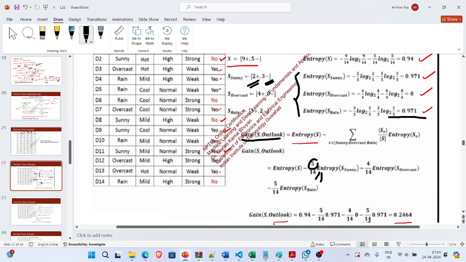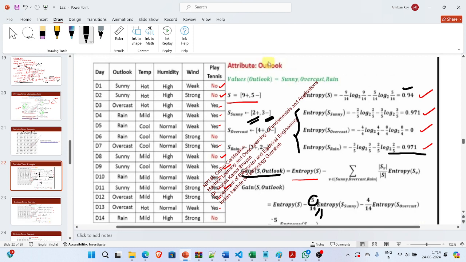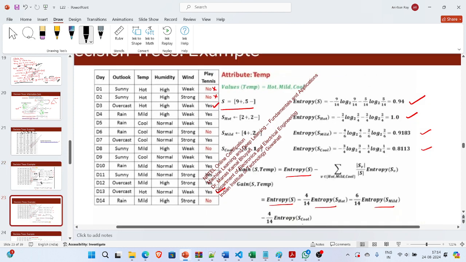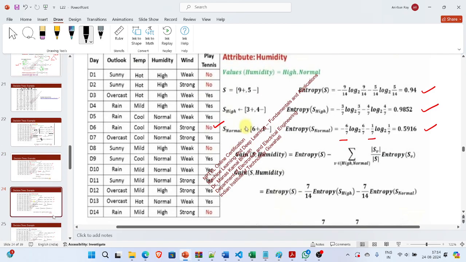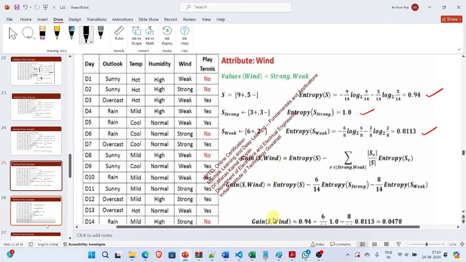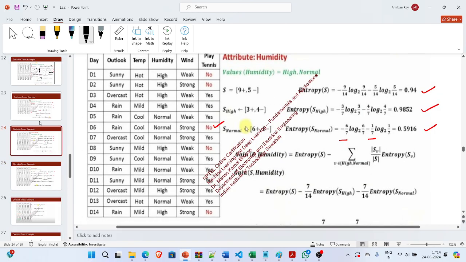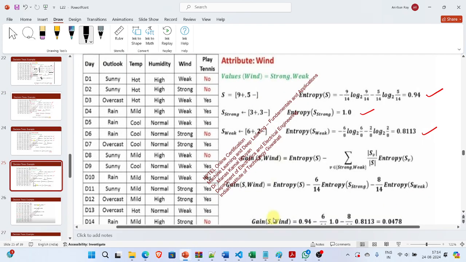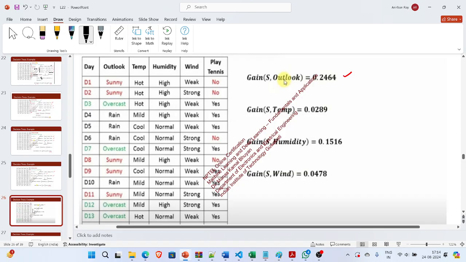Similarly, we have to find it for other parameters as well: temperature, humidity, wind. These are the values of the information gain we get.